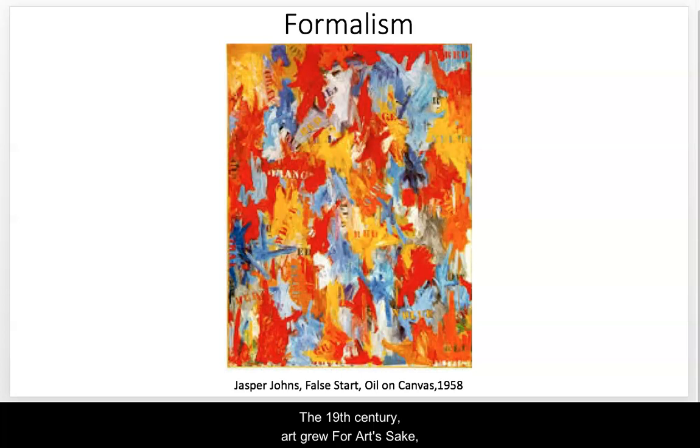In the 19th century, art grew for art's sake as an end in itself, but before that, there was a lot more purpose necessary to art, and some of that became this idea of an independent context and function for art that had as its content formal elements. The actual aesthetic effect was the main purpose of it.